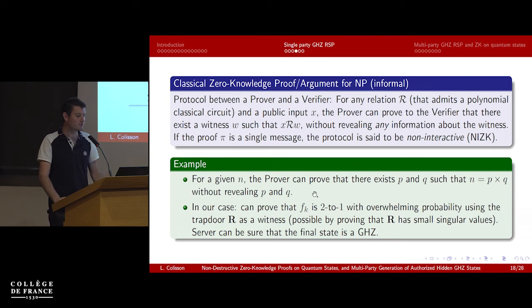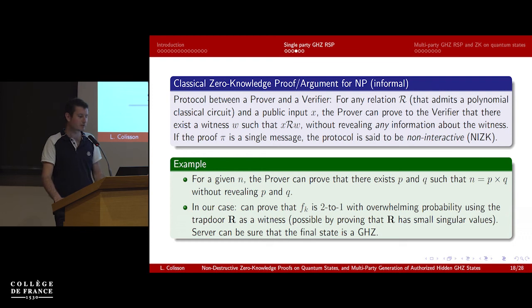And in our case, we will do more or less the same, except that we will be willing to prove that the function fk is indeed honestly generated. So it must be 2 to 1 with overwhelming probability, and you must have this property with the D0 and so on. And you can do that basically by just proving that your trapdoor has a small enough singular value.